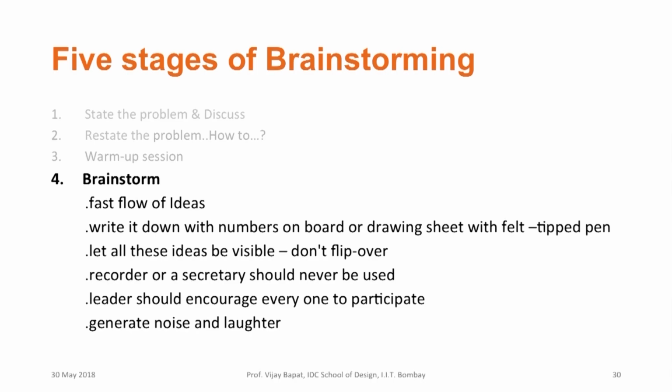All ideas should be visible on the board. They should not be just recorded in a notebook, because when you have the whole list available, somebody can piggyback a second idea which came into the flow. And it's perfectly okay.